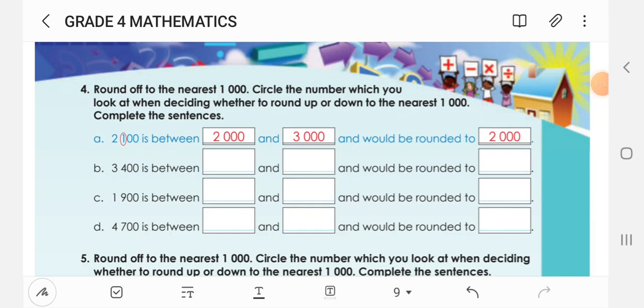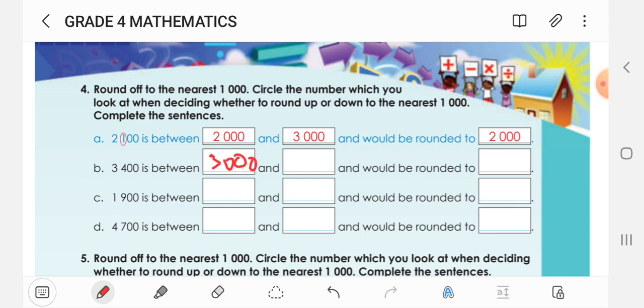So here we are on page 31. It says 3,400 is between which thousands? Is between 3,000 and 4,000. Now you have to round off to the nearest thousand. So meaning you will round off the first number. Like in the first one here, we round off 1,100.